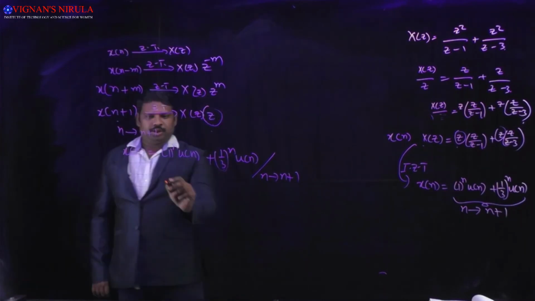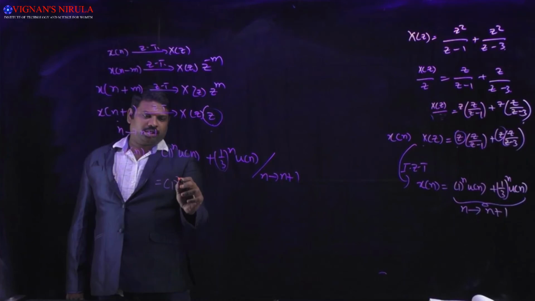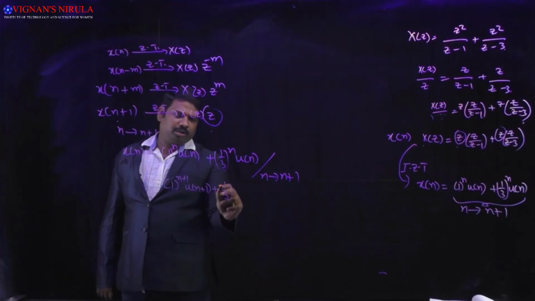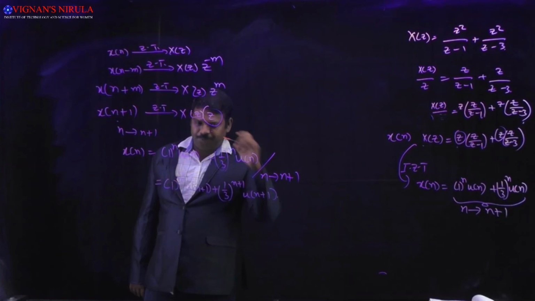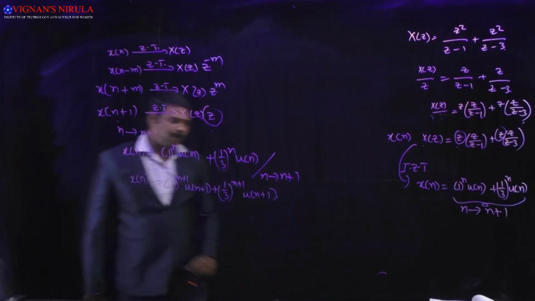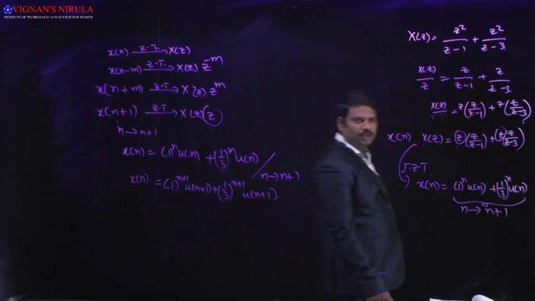Therefore, 1 power n plus 1 u of n plus 1 plus 1 by 3 whole power n plus 1 u of n plus 1. That is our x of n.